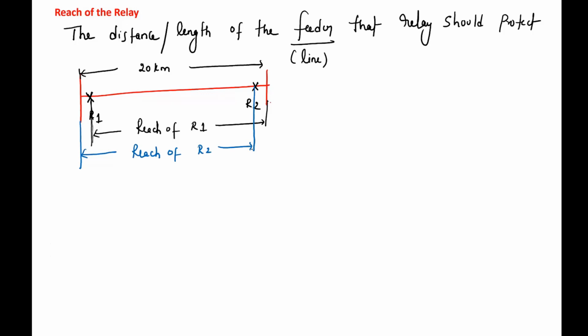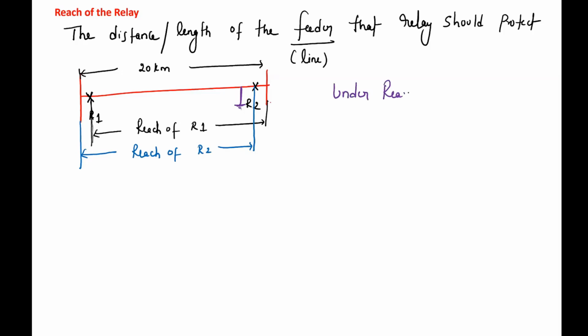Okay. Now suppose a fault occurs at this point, very close to R2. Somehow relay R1 is not able to sense and clear that fault.